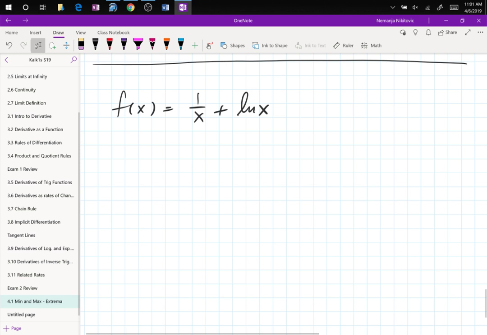So you know what to do, right? Take the derivative, set it equal to 0, solve the equation, find y values.